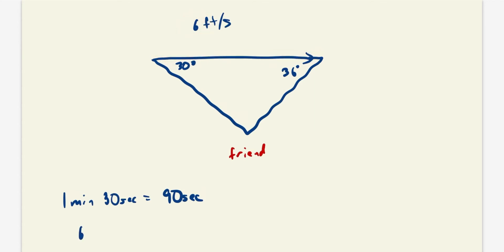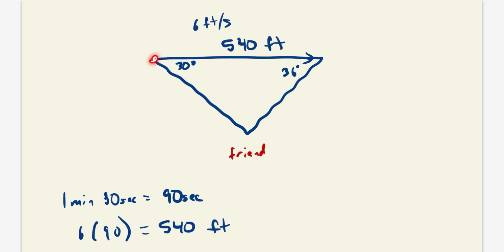So 6 times 90 is 540. So that's feet. So this is 540 feet, the distance from this starting point to this end point. All right, we can figure out the angle. All right, so the angle would be 180 minus the sum of 30 and 36, which is 114.